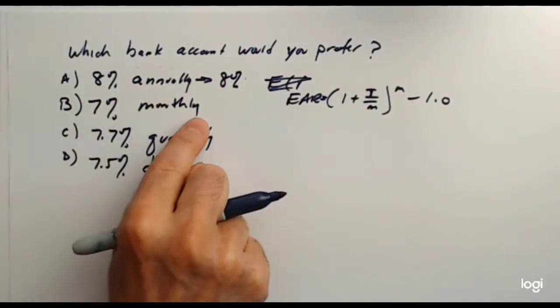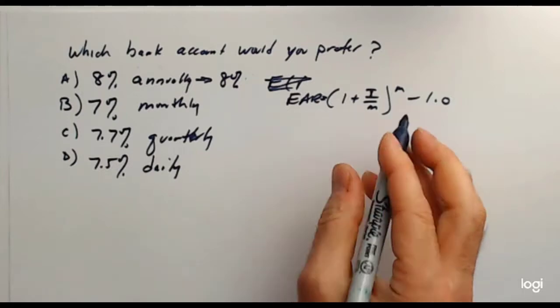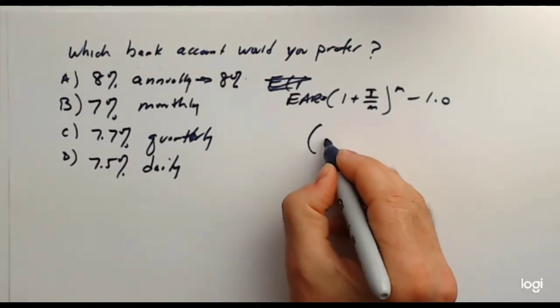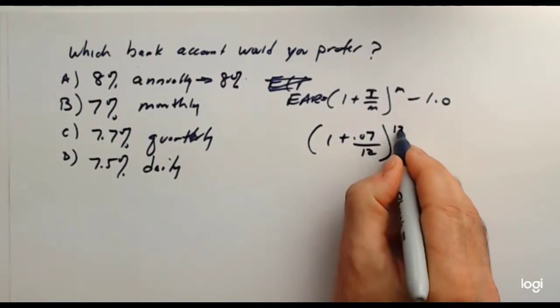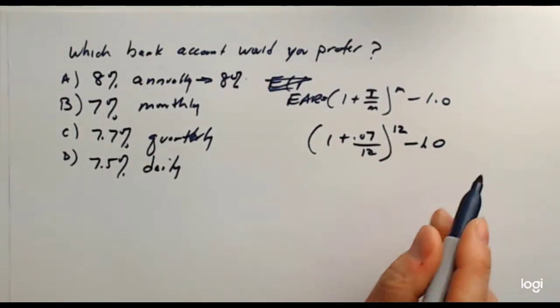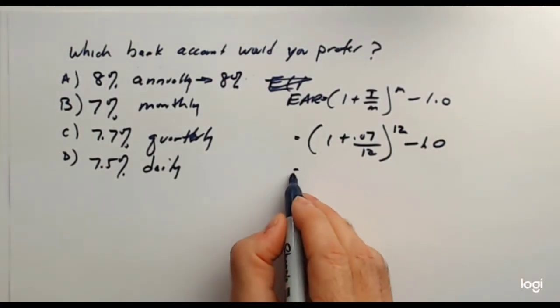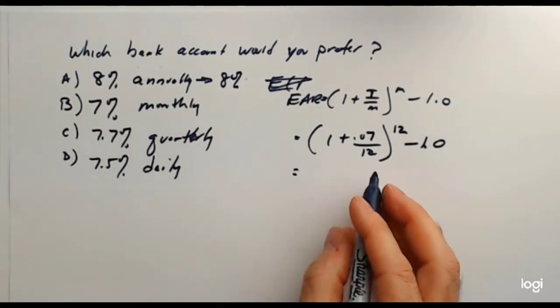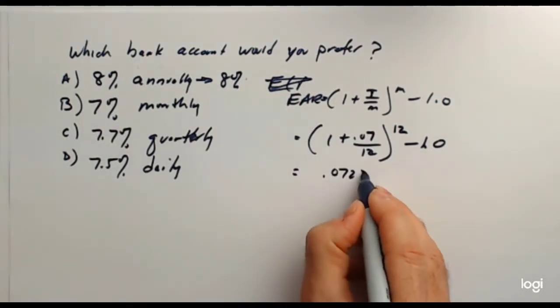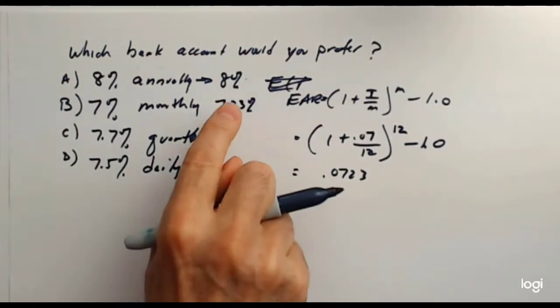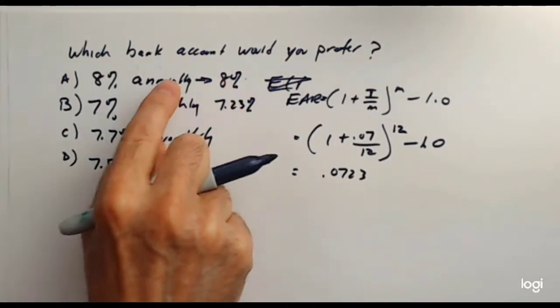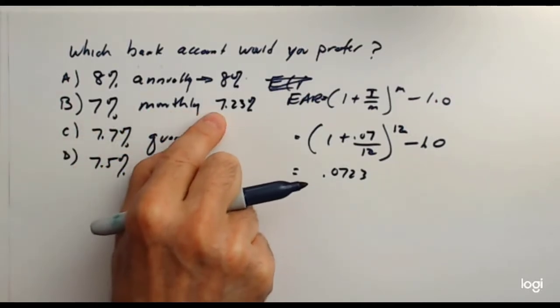Now, if you have monthly compounding, let's see what happens here. 1 plus 0.07 divided by 12 to the 12th power, because you're compounding over 12 months, that's going to result in 0.0723, 7.23%. Oh, so far the 8% is better than getting 7% compounded monthly.